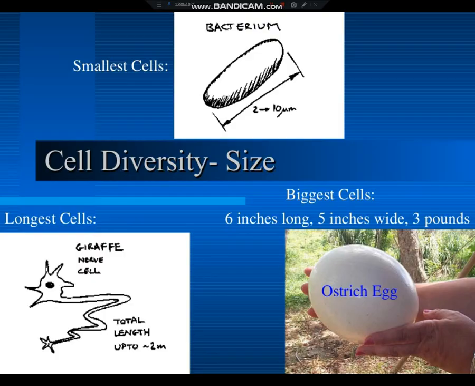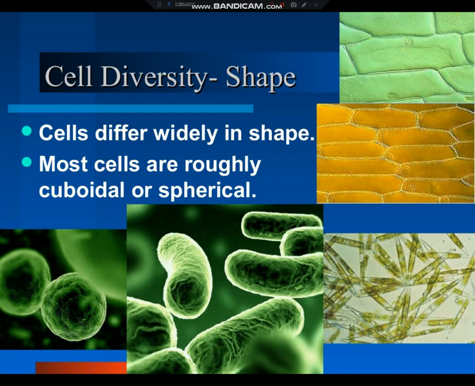Let's have a look at a few examples. One of the smallest cells is the bacterium cell, whereas one of the longest cells is a giraffe cell, the giraffe nervous cell. One of the biggest cells is the ostrich egg. If we look at the shape of the cell in the picture, a few of the cells are cuboidal in shape, but a few are spherical.